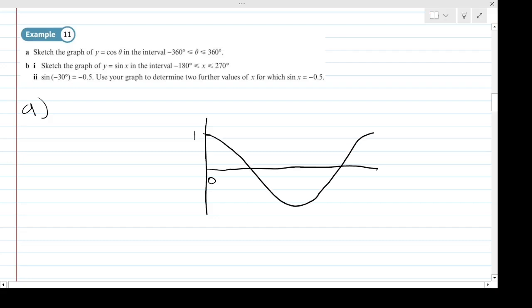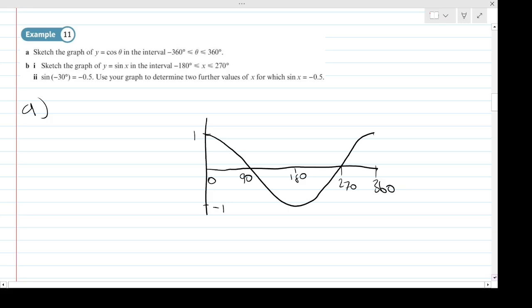So it looks like that, a sort of C shape there. Then if we label the key points, 90 would be here, 180 would be there, and that's when it's minus 1 down here. Then 270 would be there, and 360 is there when it goes back to 1.